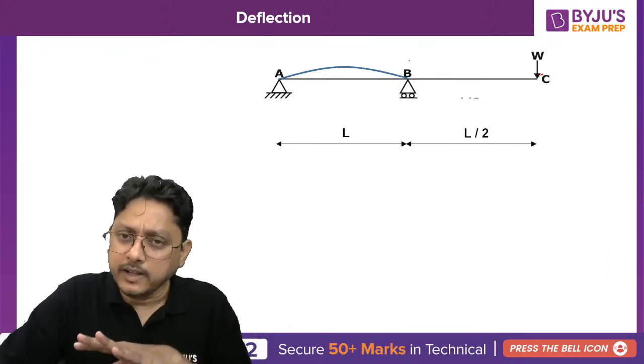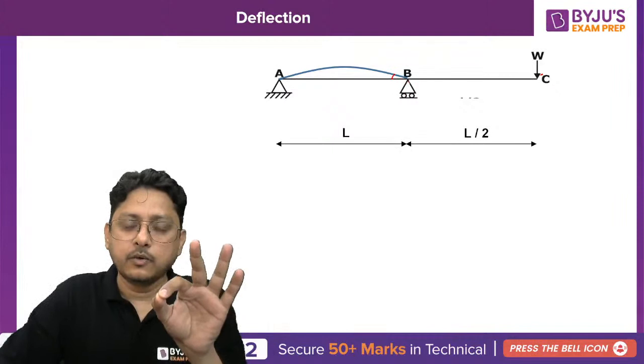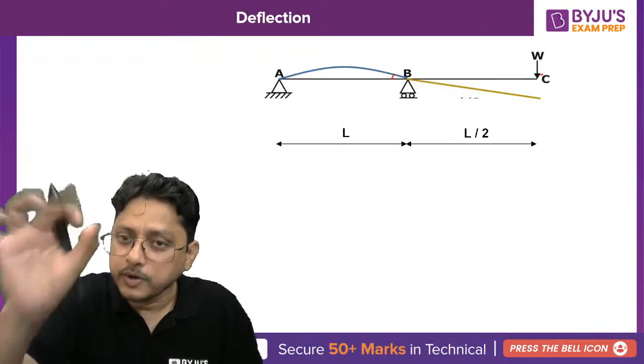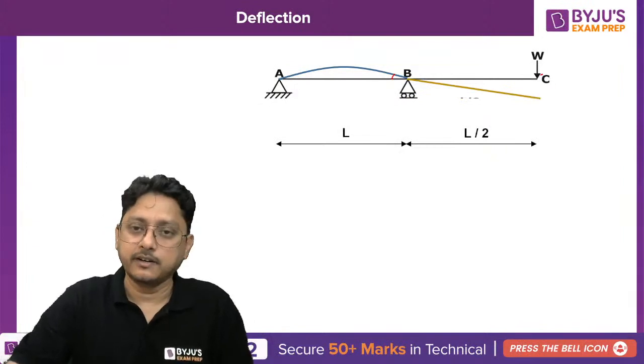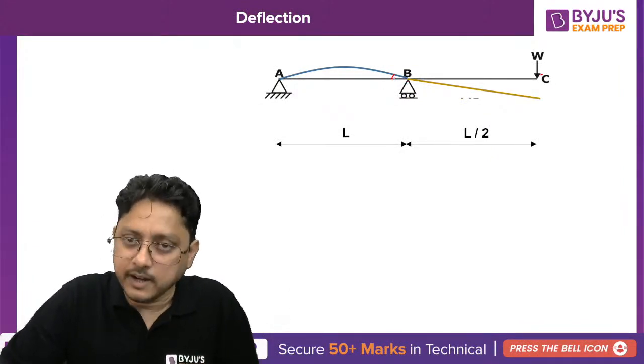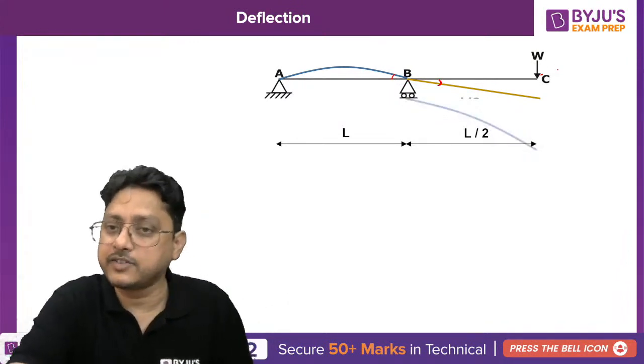Suppose I consider only the moment over the joint B. Due to the rotation of the joint B, what will be the deflection at the point C? Without loading, just due to the moment when the joint B gets rotated, what is the amount of deflection I will observe at C?